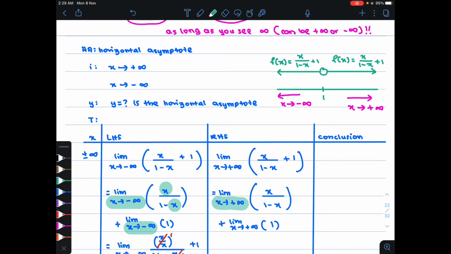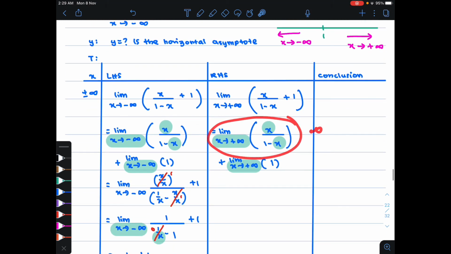And now just substitute x equal to infinity into x. For the first limit here, you can see that this is infinity over infinity, which is case 5. So the highest power is x. This means that everything here should be divided by x.